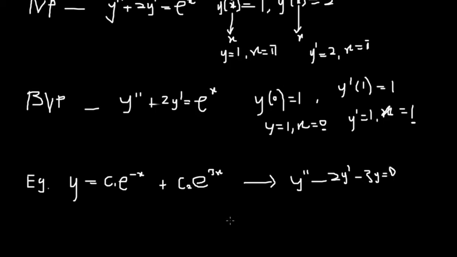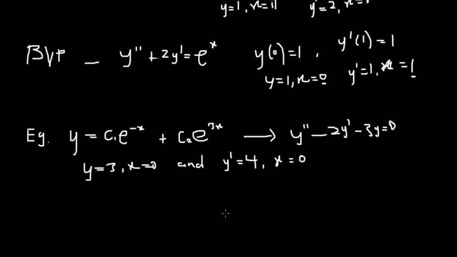And then you've been given the conditions: y to be equal to 3 when x is equal to 0, and y prime to be equal to 4 when x is equal to 0.